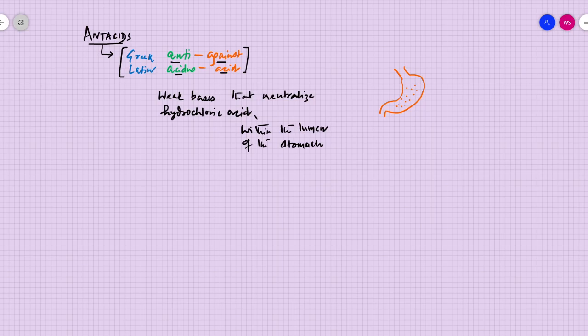Usually antacids neutralize gastric acids by forming chlorides, water, and carbon dioxide.